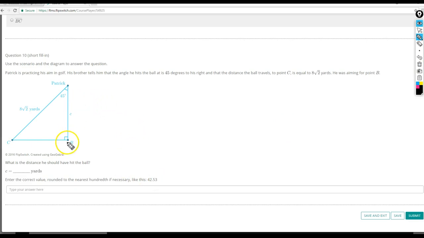So this is a 90-degree angle, so it's a right triangle, and there's also a 45-degree mark. So in a 45, 45, 90 triangle, there is a relationship of the sides.